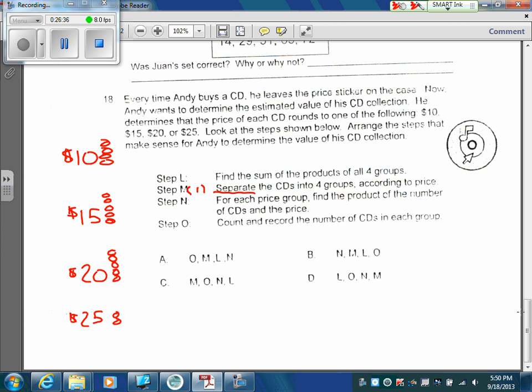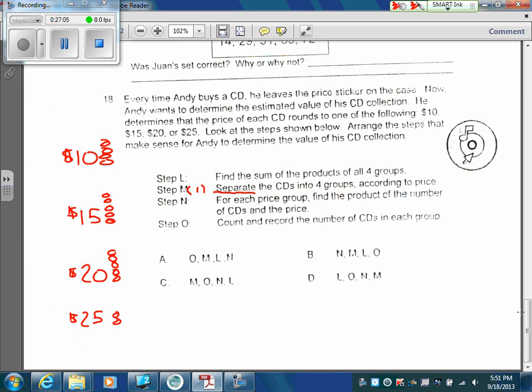Okay, then what will we do? We've got left, find the sum of the products of all 4. Well, I'm not ready for all 4 yet. For each price group, find the product of the number of CDs in the price. Okay, that sounds good. I've got to figure out the price for the 10 group and the total price for the 15 group. But step O says count and record the number of CDs in each group. Oh, well, I have to do that first. I have to figure out, okay, I've got how many in the 10 group? I have how many in the 15 group?